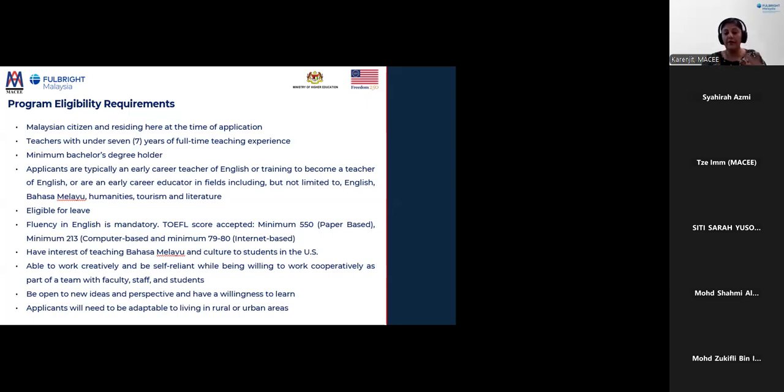And if anyone happens to know any relative who is working in the US Department of State, including temporary employment and families who work in such organizations, they will not be able to participate in the Fulbright program as well. Okay, so I hope this gives you an idea about where you stand in terms of the eligibility part of the program.